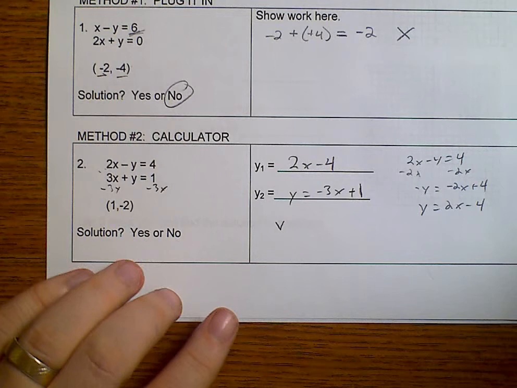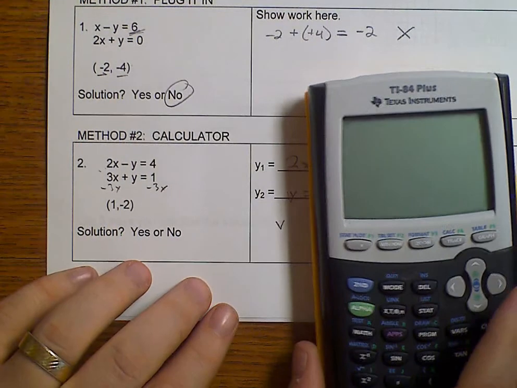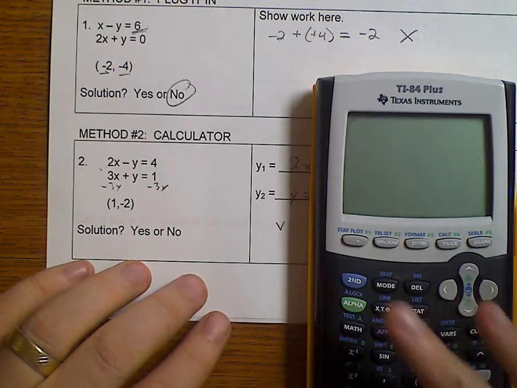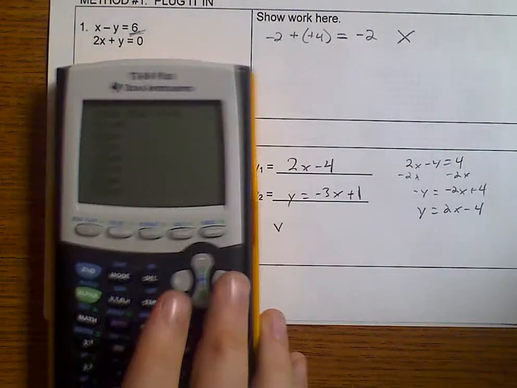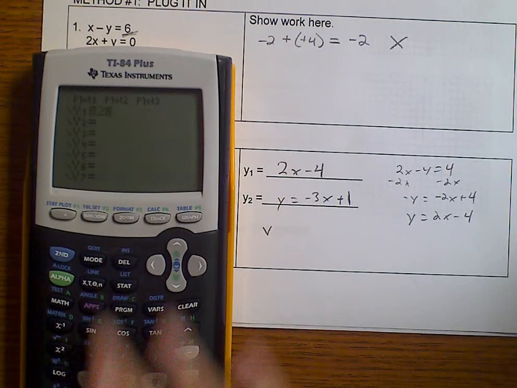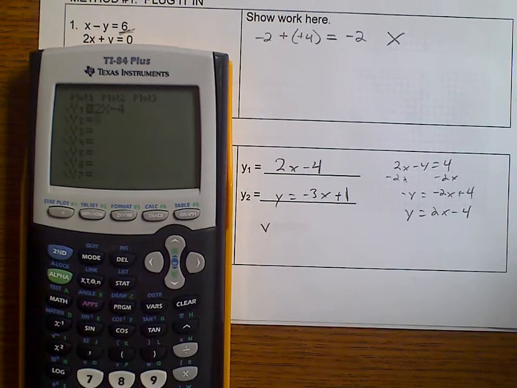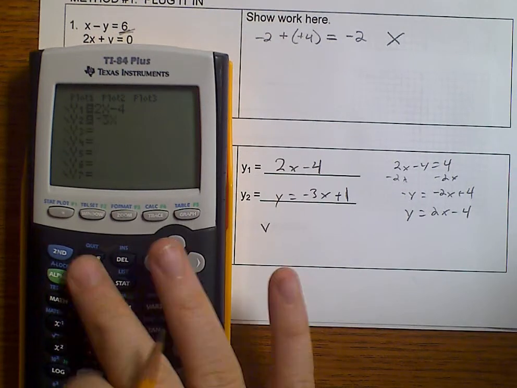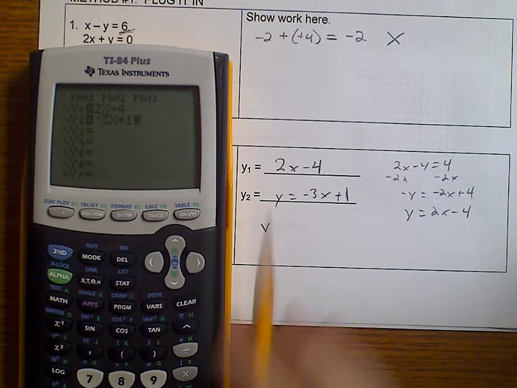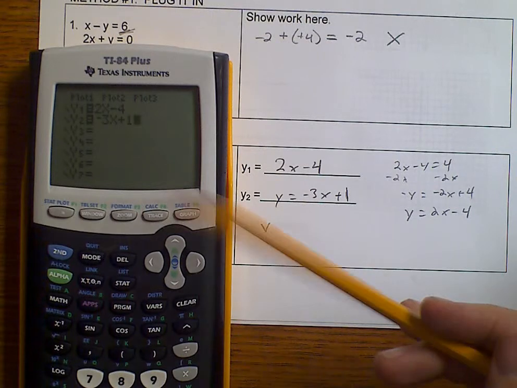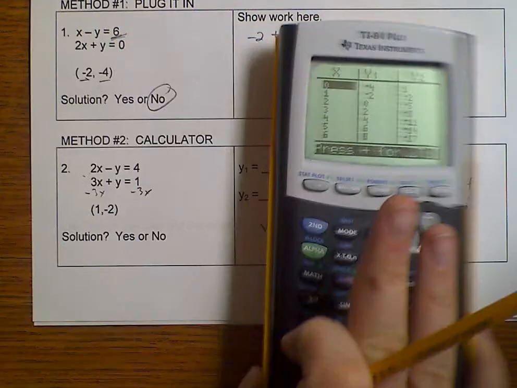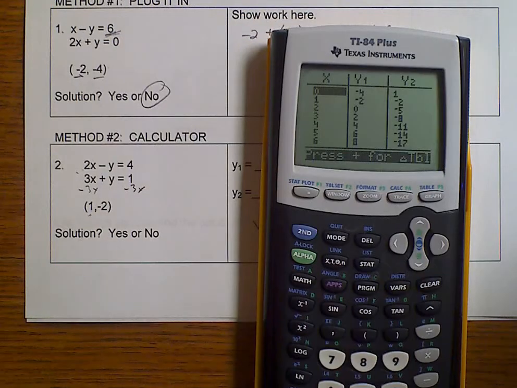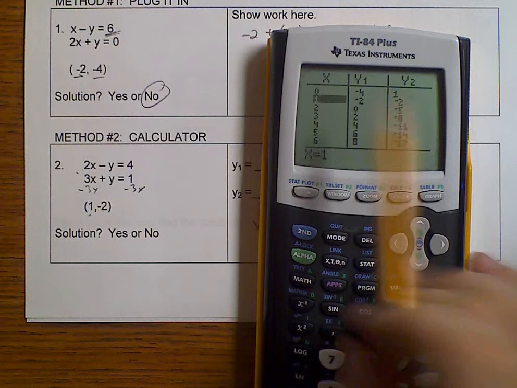And now I'm going to put these into the calculator. We have 2x minus 4, and we have -3x plus 1. Now I'm going to go to table. Second table gives me a list of values, and I want to know if 1, -2 is a solution. So I come down to where x is 1.